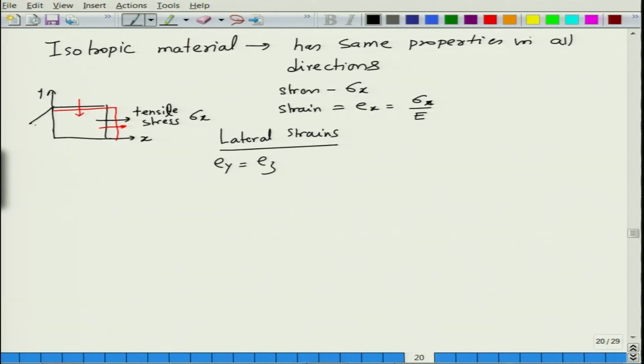So, if you have a 3-dimensional piece of material like this, let us say this is z, then you will have strain in all the 3 directions. You will have epsilon y, which is equal to epsilon z, equal to minus nu epsilon x. This nu is basically Poisson's ratio.